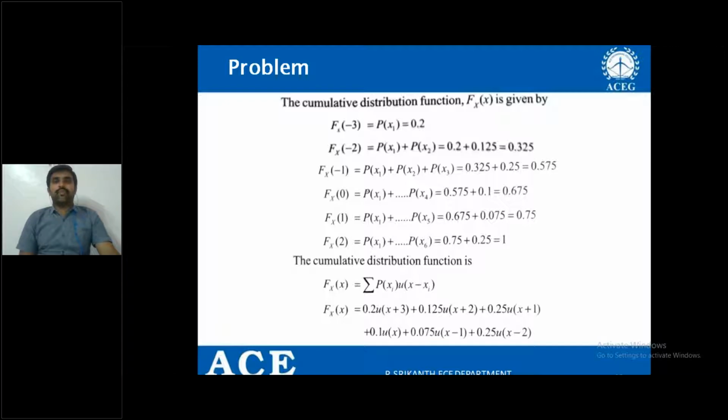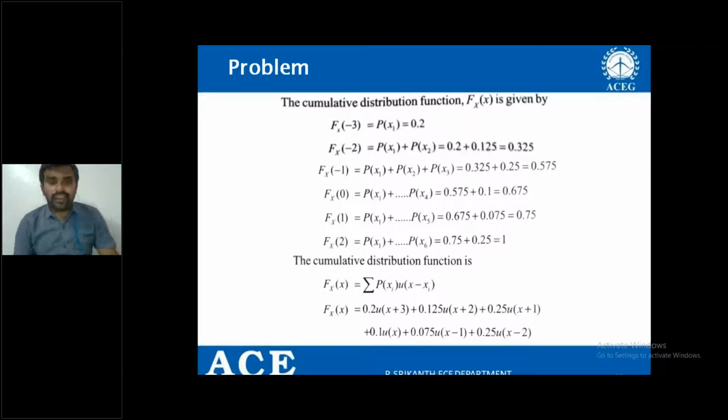So these are the values you can get: Fx of -1, Fx of 0, Fx of 1 and Fx of 2. And the cumulative distribution function can be written as follows. We all know that the distribution function for a discrete random variable can be written as the summation of p of xi into unit step functions, that is u of x minus xi.